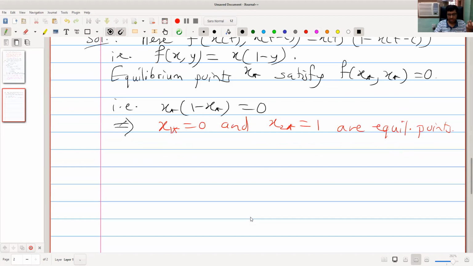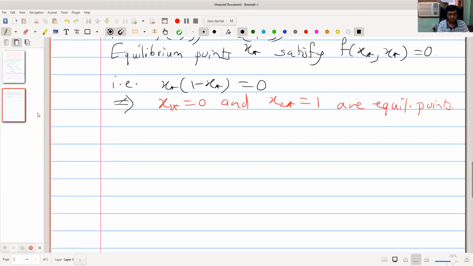Now we analyze the stability of these two equilibrium points. Stability of x1 star. We find the linearization of this non-linear DDE in the neighborhood of x1 star.